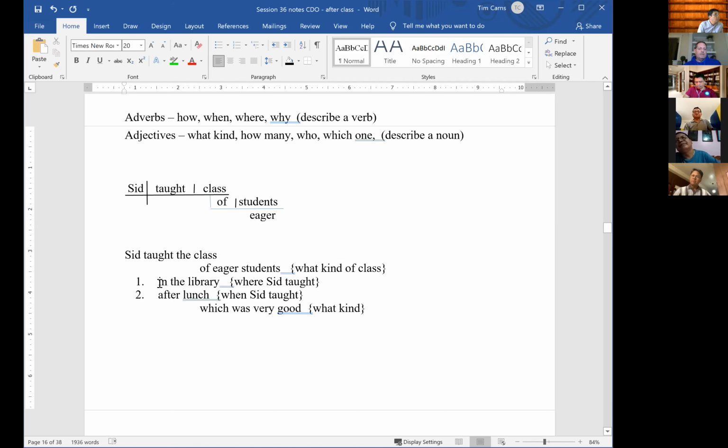Because in the library and after lunch are modifying the action here, they're important. Which was very good is not as important as when Sid taught. It's a point, and it's something you would explain, but it's not the major point.